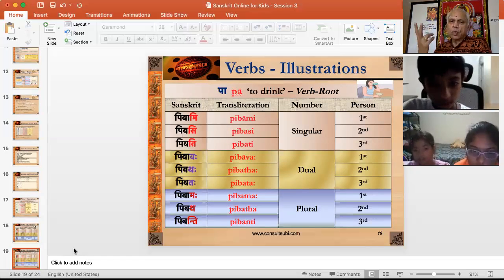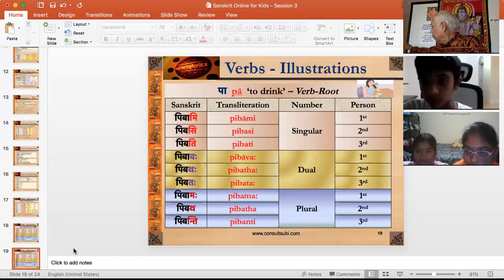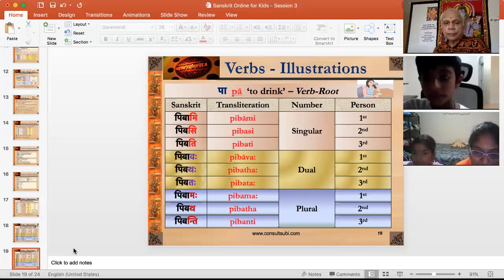Pibavaha, we two drink. Pibataha is referring to two. And third person, also pibataha, but different. Pibamaha, third person, it drinks. Let's say a dog is drinking water. Pibata, pibanti, third person.